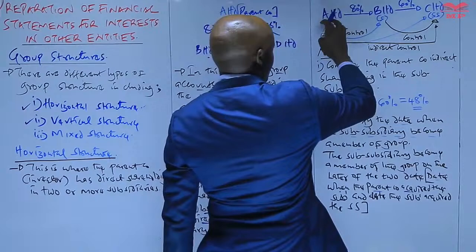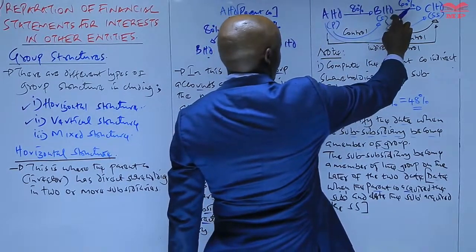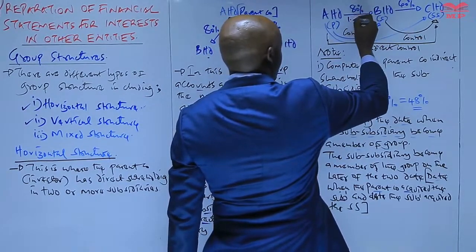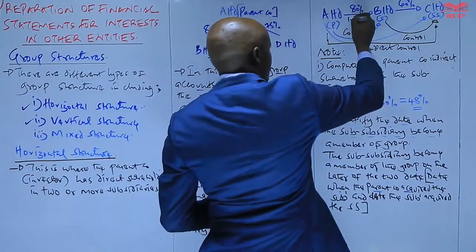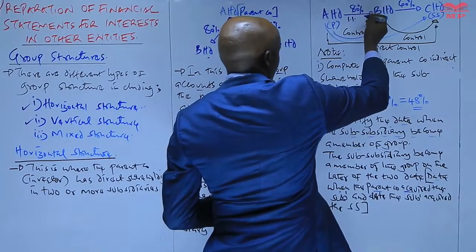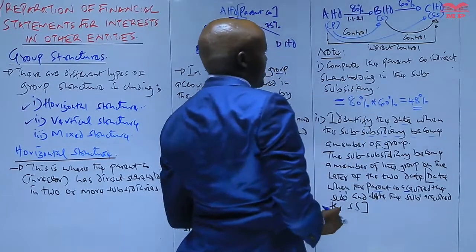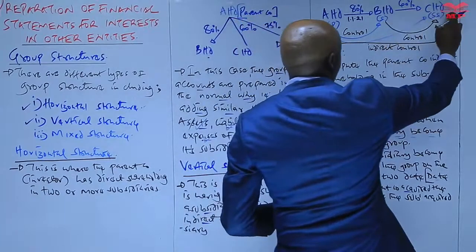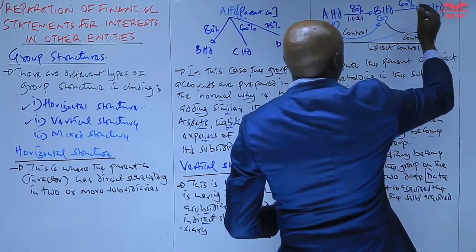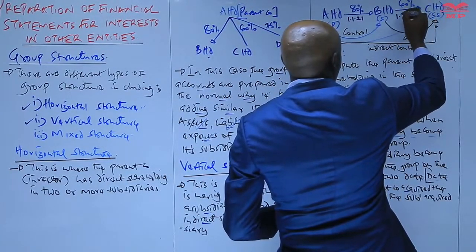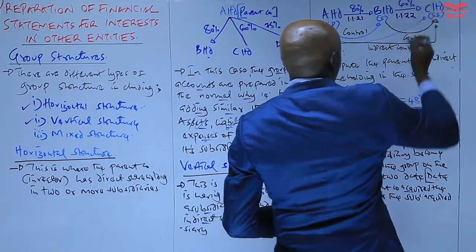So maybe let's assume that we are told A Limited acquired shareholding in B on 1st of January 2021, and then B Limited acquired 60% shareholding in C on 1st of January 2022.